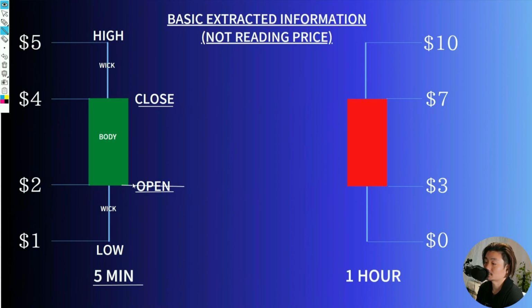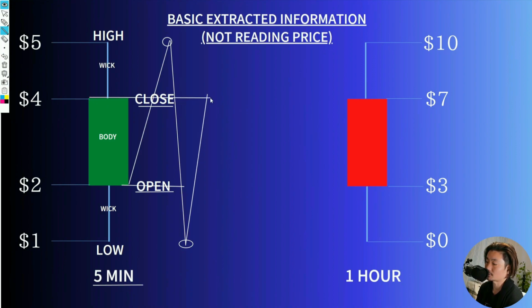Somewhere within 5 minutes, price reached a high of $5 right here, and reached a low of $1. You want to remember, this candlestick does not tell us which one came first. The low could have been hit before the high. But ultimately, within the last 5 minutes, price came back up and closed at $4 right here.